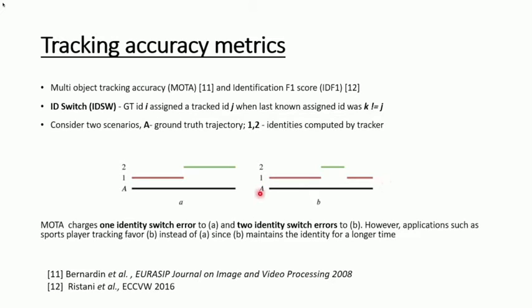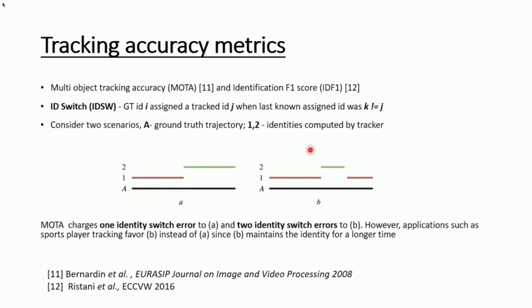Because in more than 50% of the length of this ground truth identity, it was being tracked by the identity 1, but in part a, it was only being tracked for 50% of the time. So the IDF1 metric prefers this case over the case a.